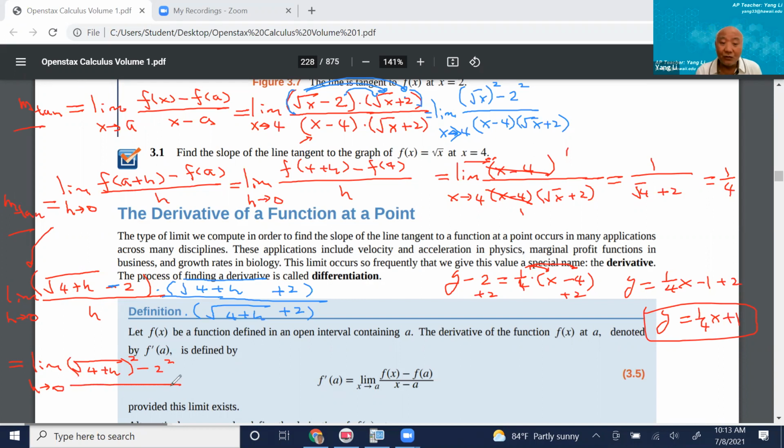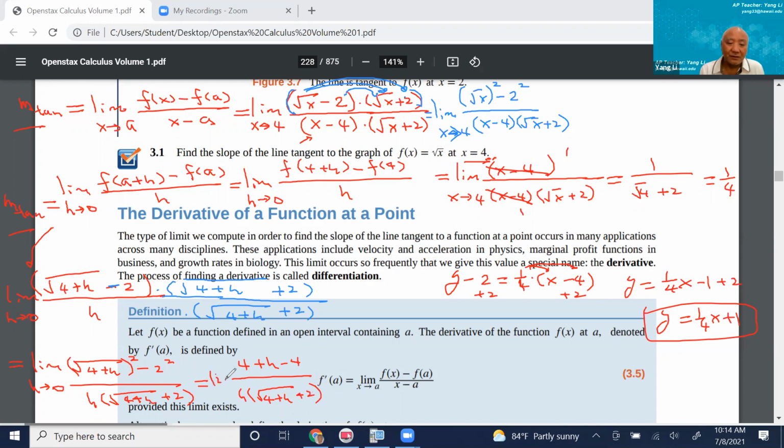Of course, you can still work with FOIL, okay? I showed you before. So the bottom one is h times the square root of 4 plus h plus 2, like this. Now, what happens? This one squared, we're going to have 4 plus h minus 4, over h times the square root of 4 plus h plus 2, okay?